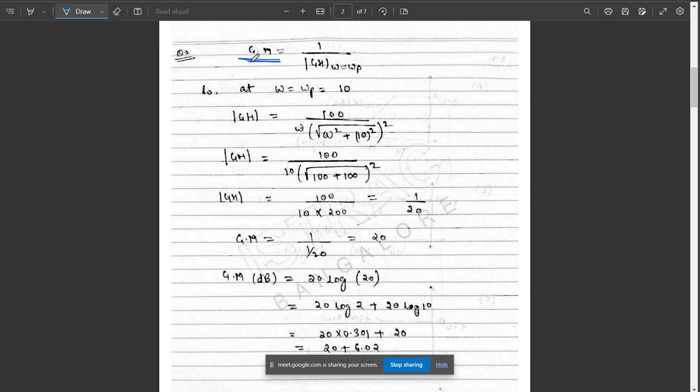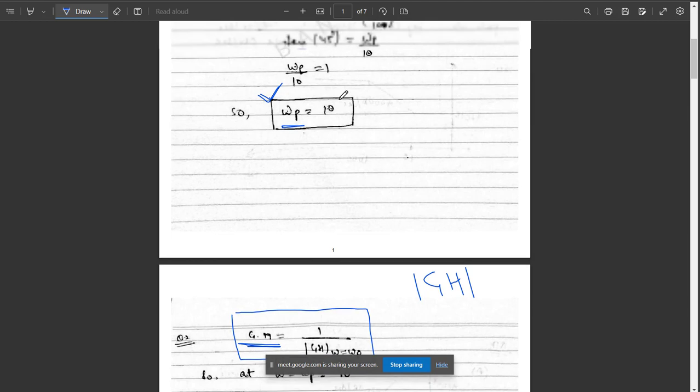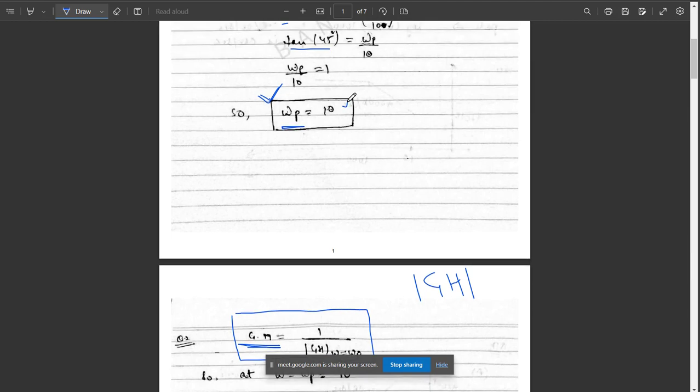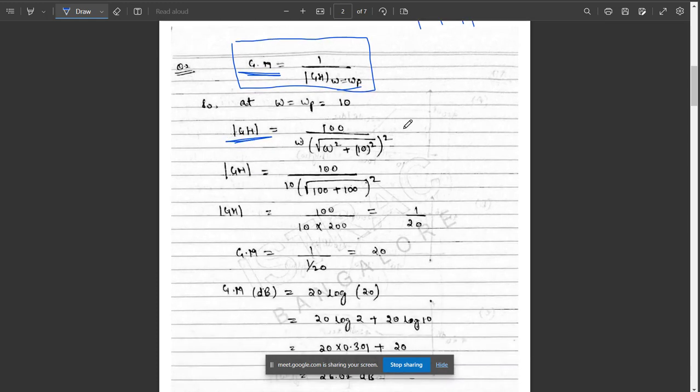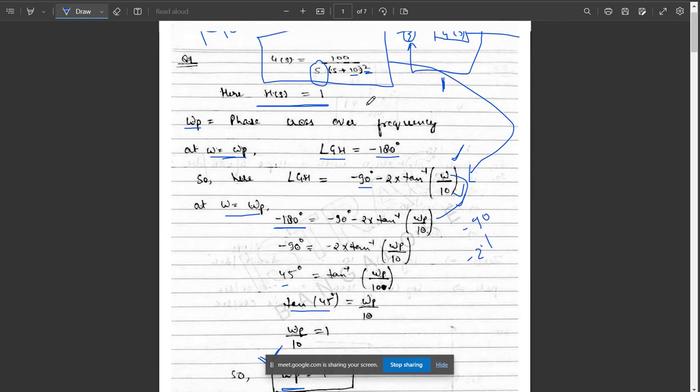The formula for gain margin is 1 upon mod of GH at omega equals omega p. So this is the formula, and first you have to find mod of GH at omega equals omega p. You already know from the previous question that omega p equals 10, right? So we'll put that in and find mod of GH.